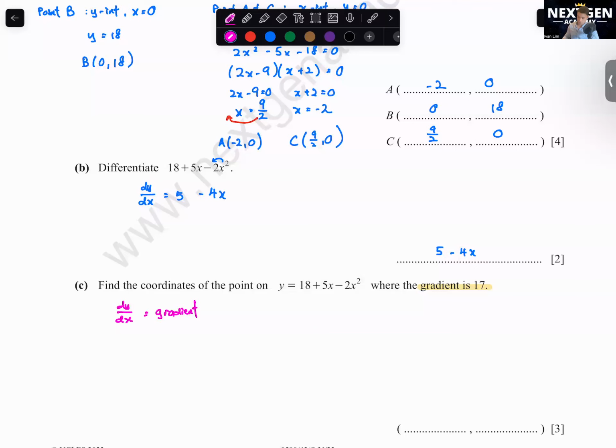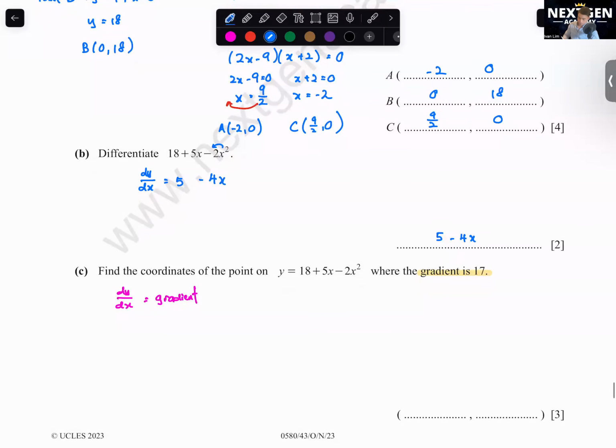So this is what you need to know first. Gradient means our dy over dx equals 17, not 7. What's dy over dx? Refer to the previous question: 5 minus 4x equals 17. Minus 4x equals 12. x equals minus 3.